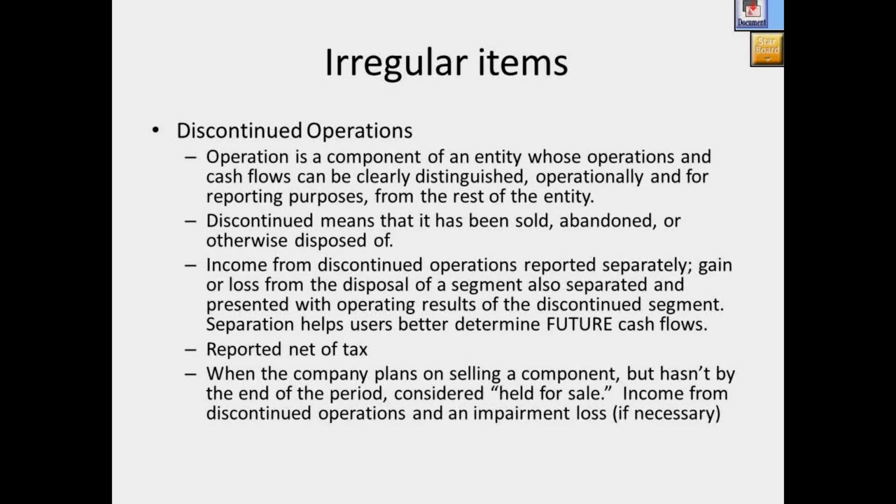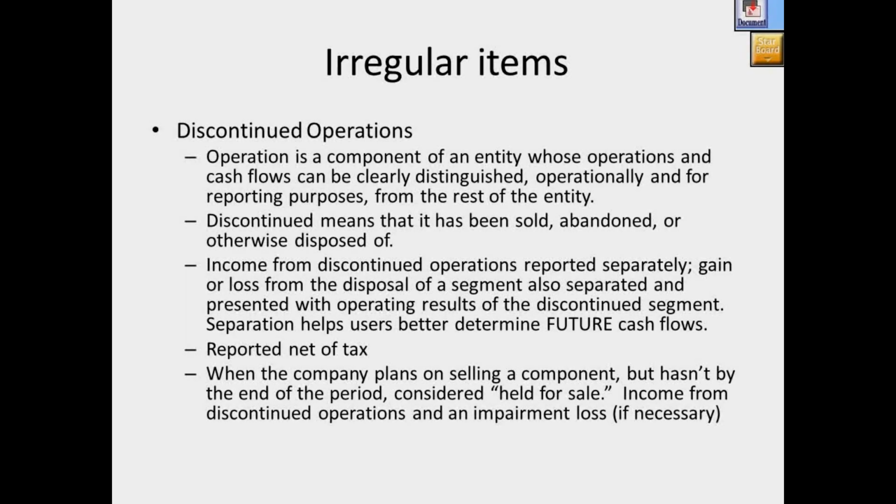It's that I use all these machines to create product one in a totally separate factory, and all these other machines to create product two. The two don't really mix very much, and I can completely dispose of product two without interfering with the operations of product one. If the operations and the cash flows of these two separate items can be clearly distinguished, both operationally and for reporting purposes, then selling one of those two components could be considered a discontinued operation.